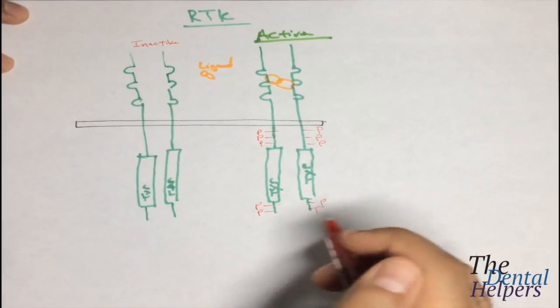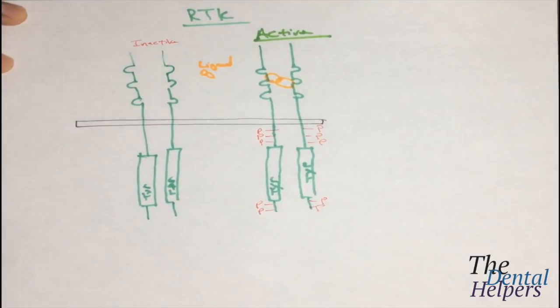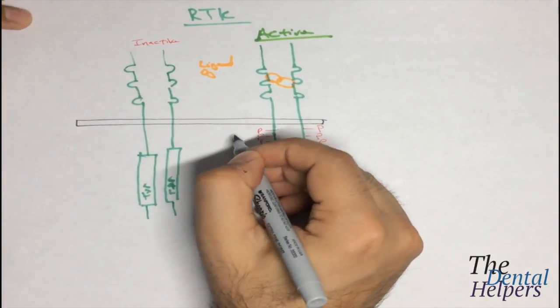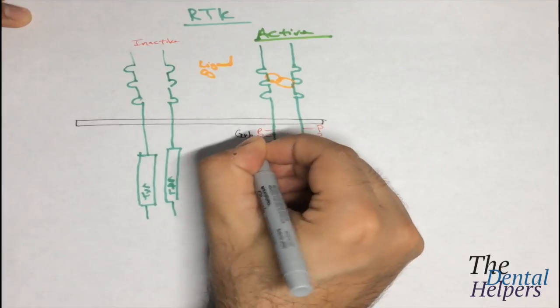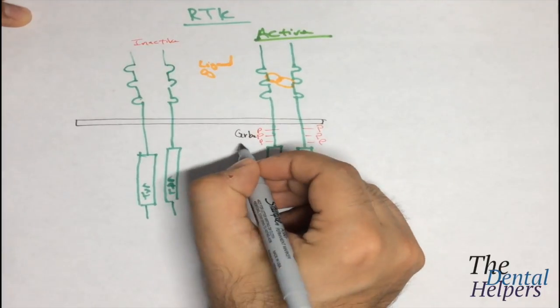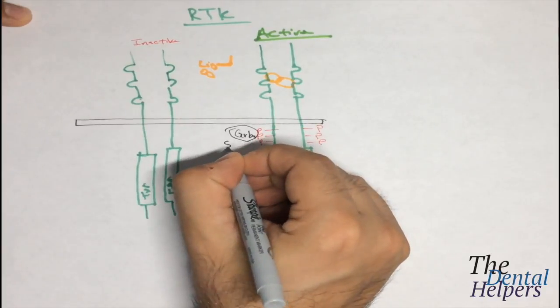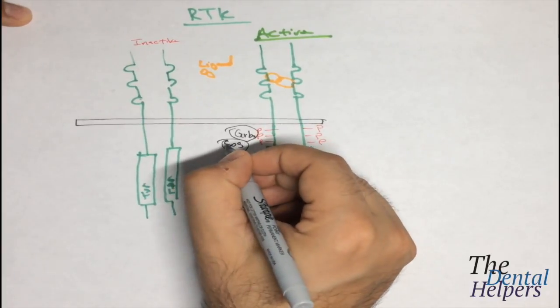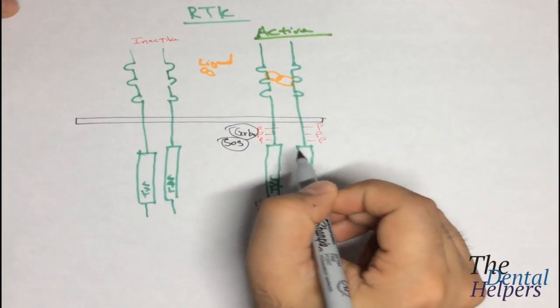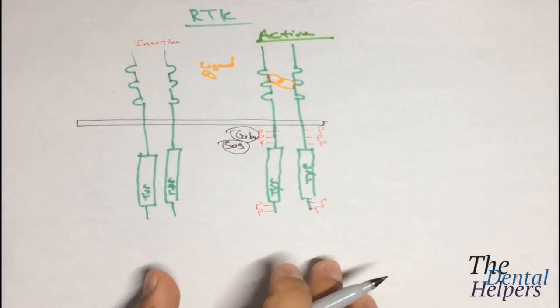So the first thing that's going to happen is it's going to call GRB2. So GRB2 will be called, and along with it GRB2 will have its associated compound, which is SOS. And SOS is a GEF. So if you remember, GEFs are used for phosphorylation.